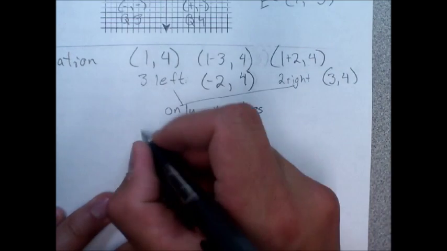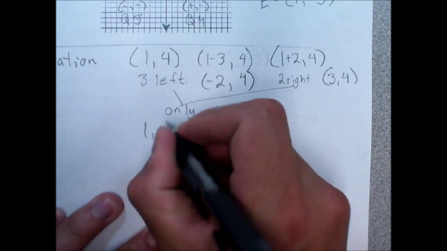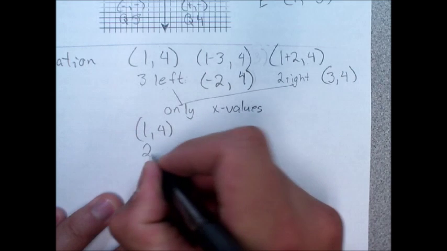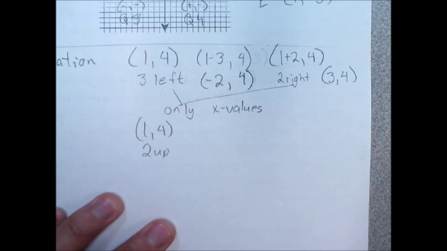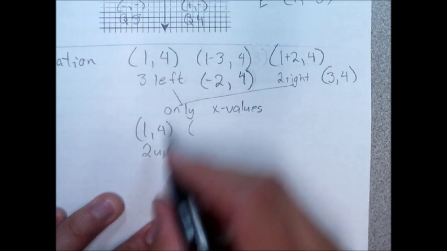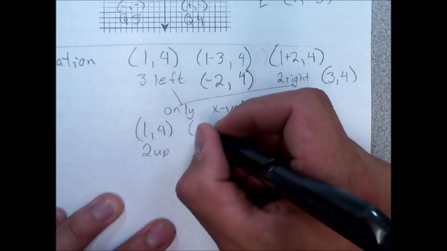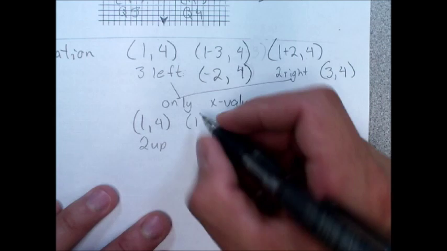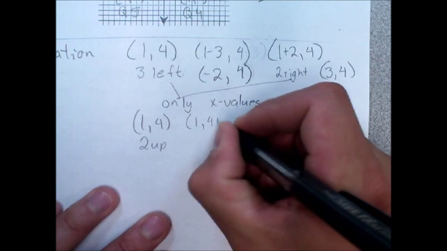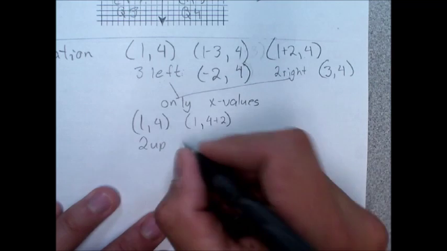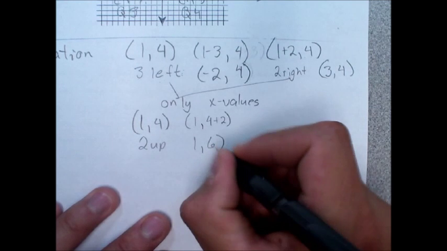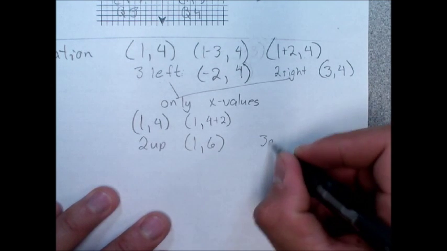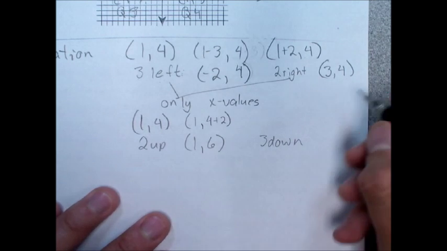Now, if it says, again I'm using 1 and 4 as my original, if it says 2 up, then I'm adding 2. So I'm adding 2 to my y's because my y's deal with up and down. So 1 comma 4 plus 2, and the answer will be 1 comma 6 in the end. Okay. If I'm going down, so let's say 3 down, I'm going to have to subtract from my y's.